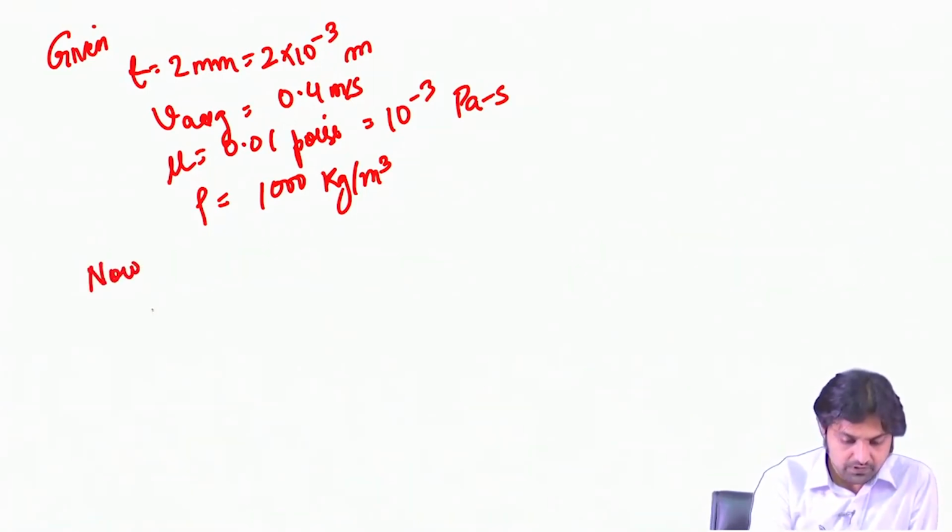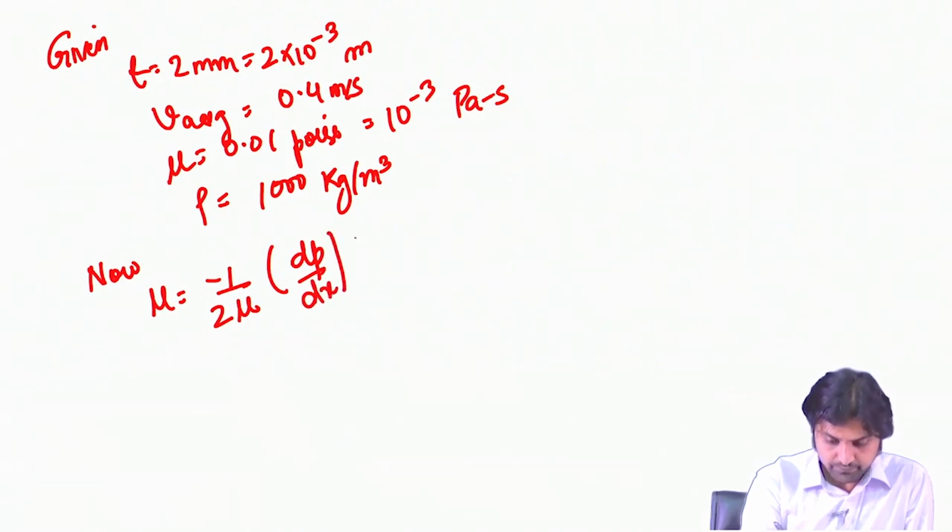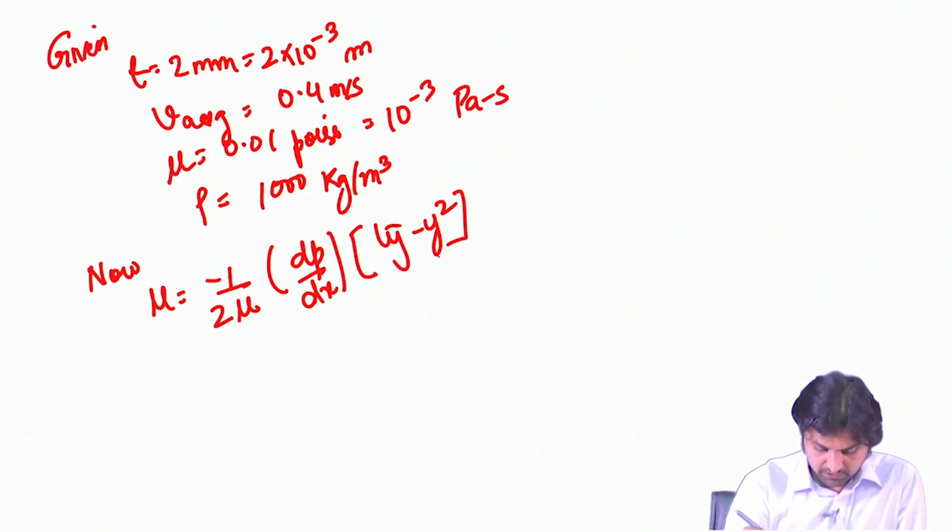So, we write the equation that we had derived. Now, U is written as minus 1 by 2 mu dP dx into Ty minus y square, right.